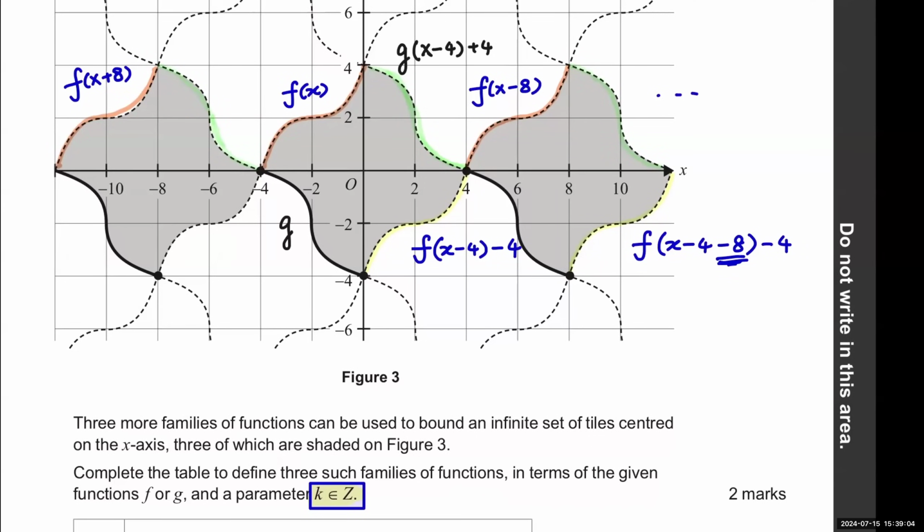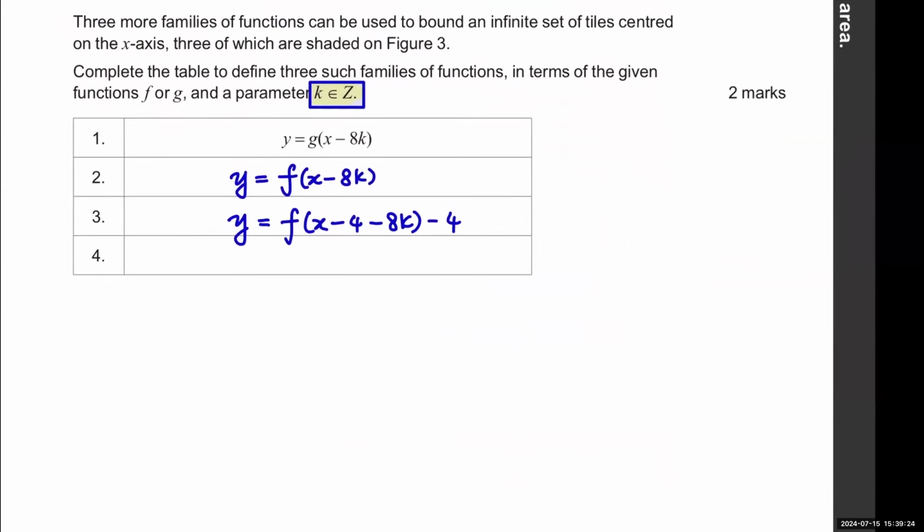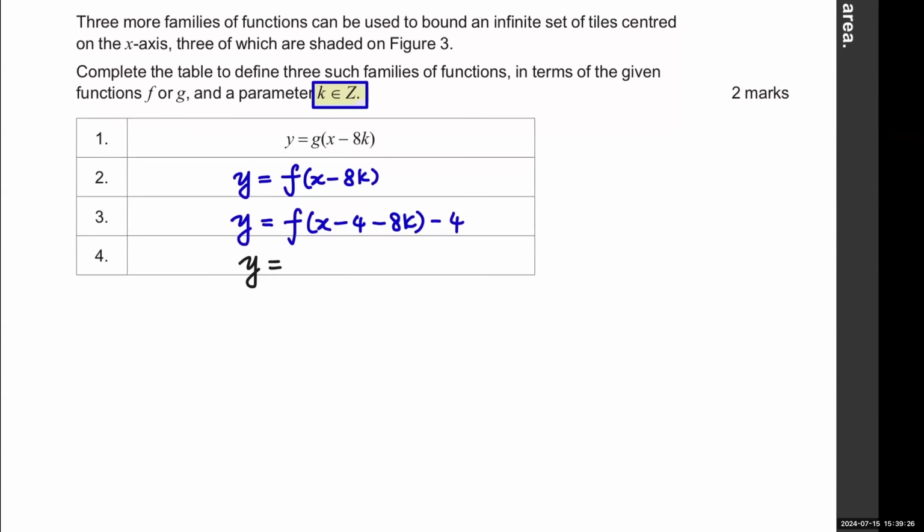So eventually I just say, okay, g of x minus 4 plus 8k. Or actually minus 8k to be consistent. But it doesn't really matter if you add an 8k because when k takes negative, minus 8k is positive. When k is positive, minus 8k is negative, vice versa, okay? So last thing is y equals to g of x minus 4 minus 8k, plus 4, okay?